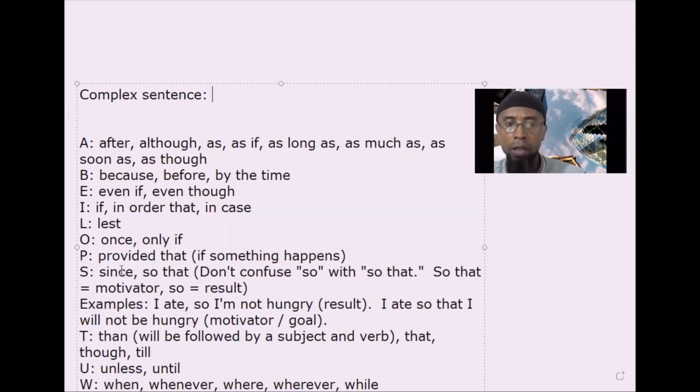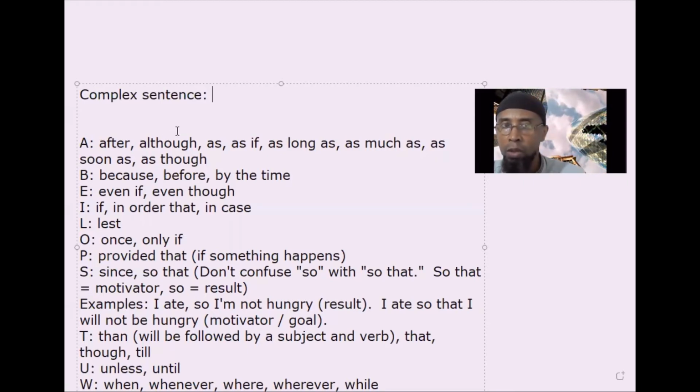The important thing is for you to know that if you use one of these to combine two sentences together, then you're making what is called a complex sentence.